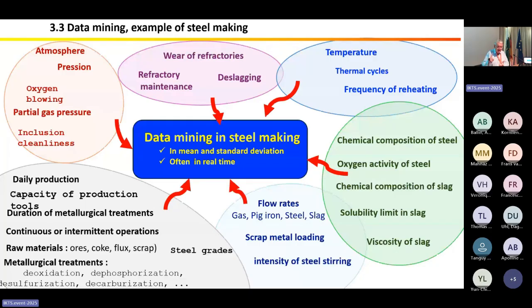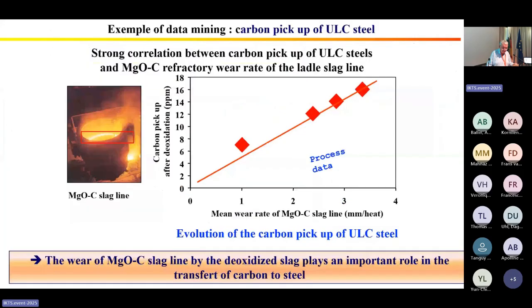Temperature, thermocycle, frequency of reheating, chemical composition of steel, oxygen activity of steel, chemical composition of slag, solubility limit in slag, viscosity, flow rate, gas, hot iron, steel, slag, scrap metal loading, intensity of steel stirring, atmosphere pressure, oxygen blowing, partial pressure, gas pressure, inclusion cleanliness, daily production, capacity of production, duration of metallurgy treatment, continuous and terminal operation, raw materials, steel grades, metallurgy treatment, and so on.